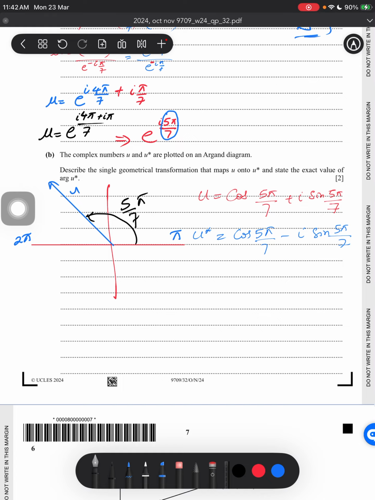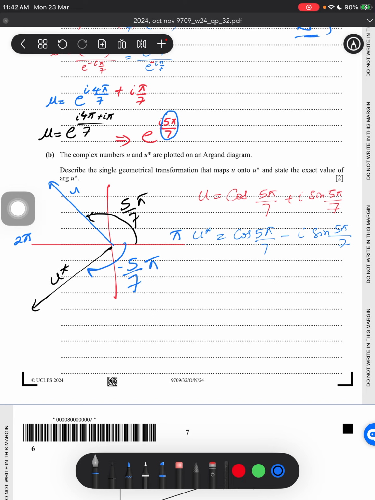When you have the conjugate, u star, it is the reverse value from the origin, so u star would be lying over here, at negative 5 pi by 7, clockwise.